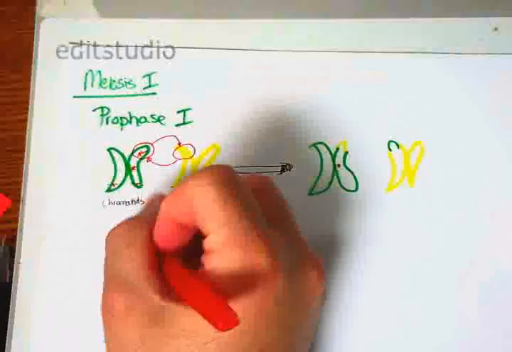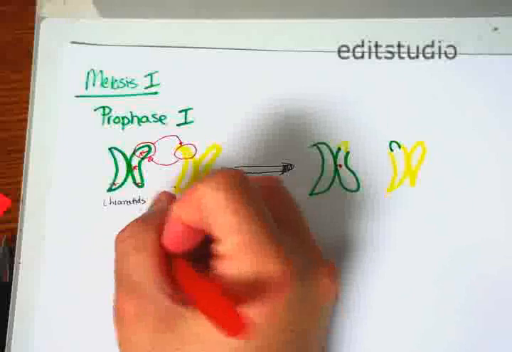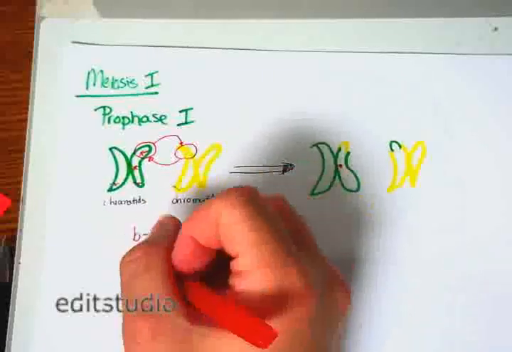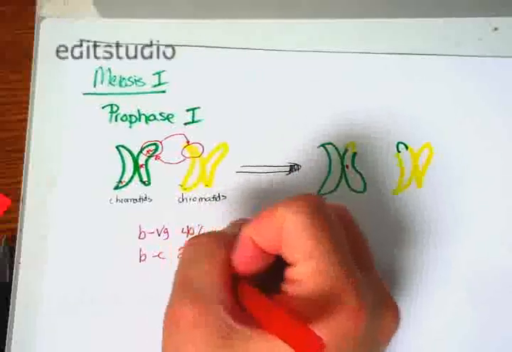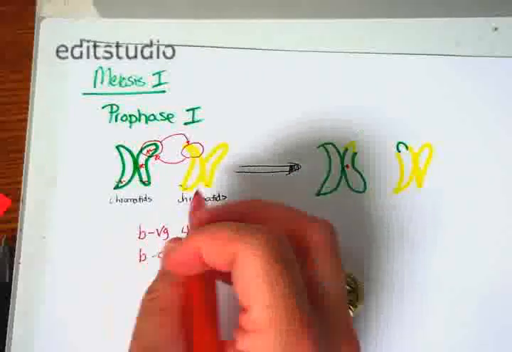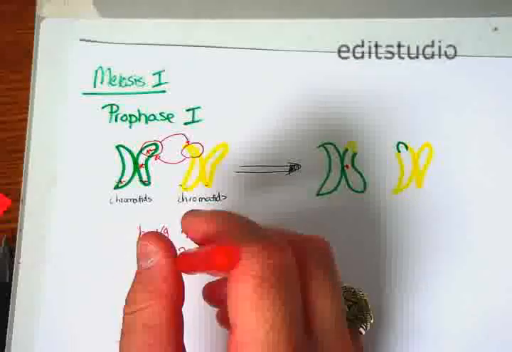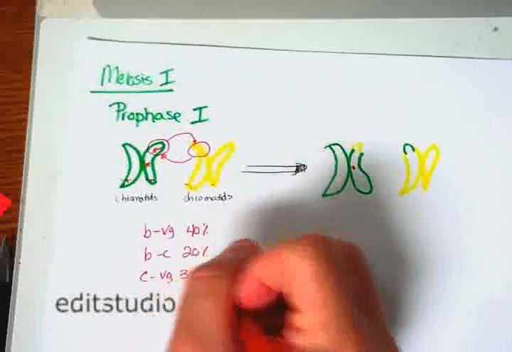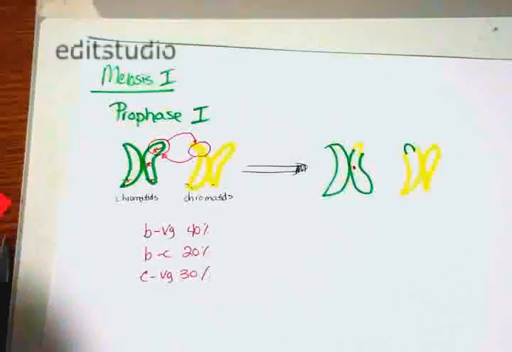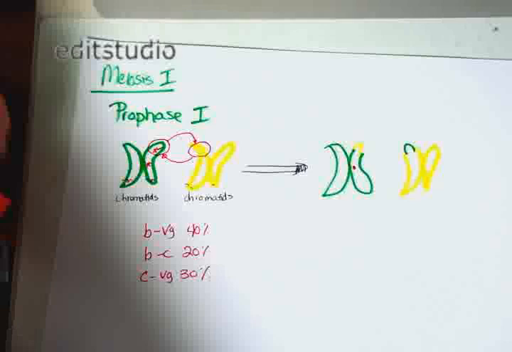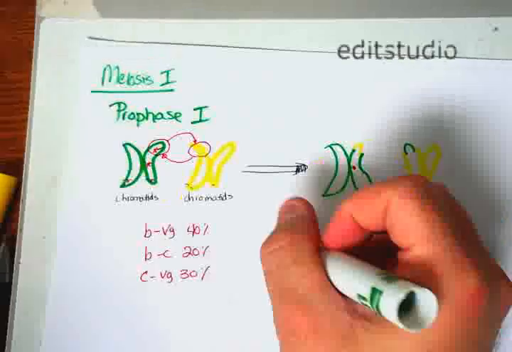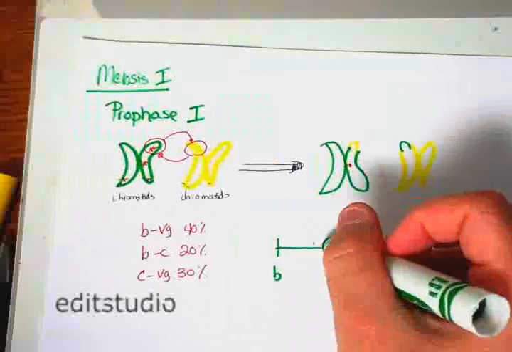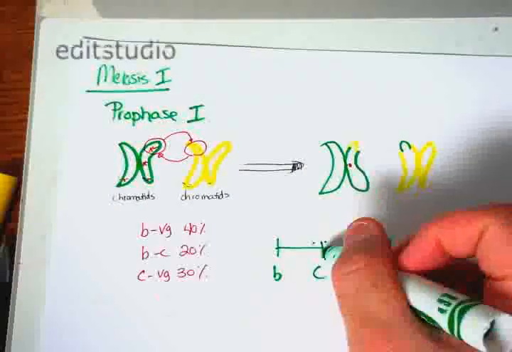If I gave you B to VG, and I said that number was like 40%, and I told you that B to C was 20%, and C to VG was 30%, and I'm making this up, so this will not go smoothly, I will put B and VG at opposing ends because they have the largest degree of separation. B and C are pretty close with a 20, so I'm going to put them about right there. And C and VG are about 30.